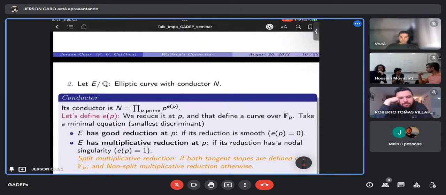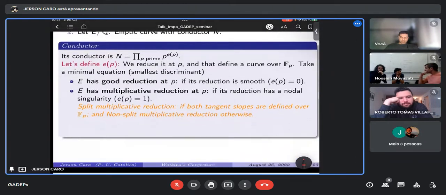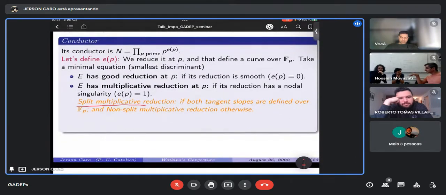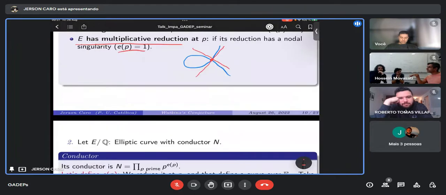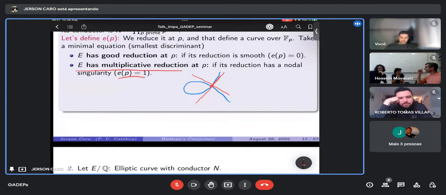And in this case, we have two cases, a split multiplicative reduction. And the thing is that the slopes of these two tangents, L1 and L2, are defined by a quadratic equation.